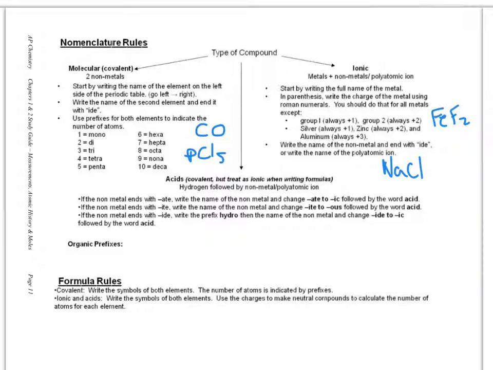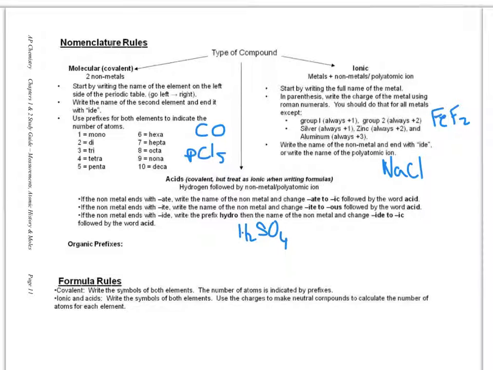If you would normally call it something with "ate," then you write that, but change the "ate" ending to "ic" and follow it by the word acid. For example, H2SO4: the SO4 part is sulfate, so you change it to "ic," and it'll be sulfuric acid.